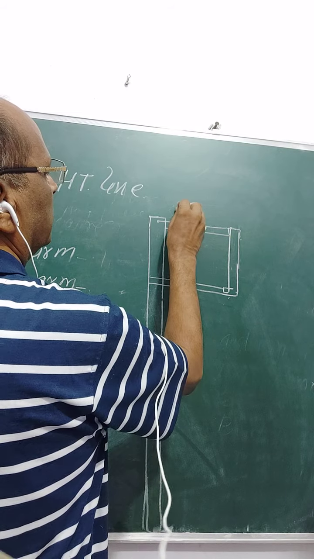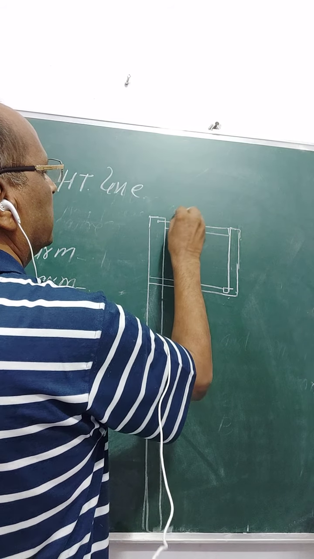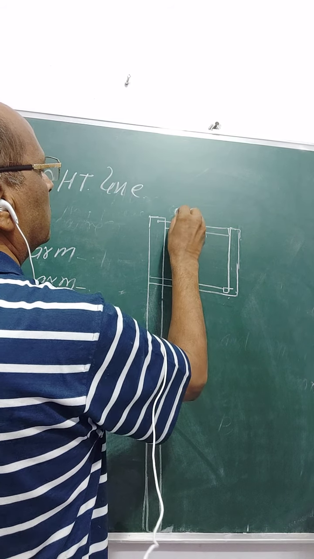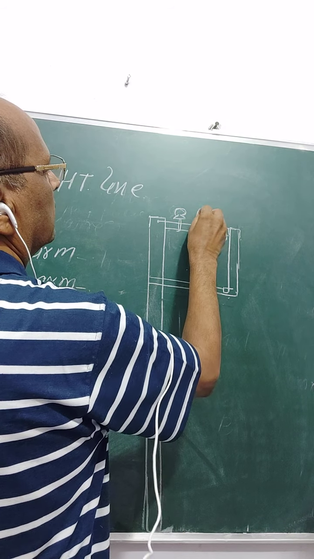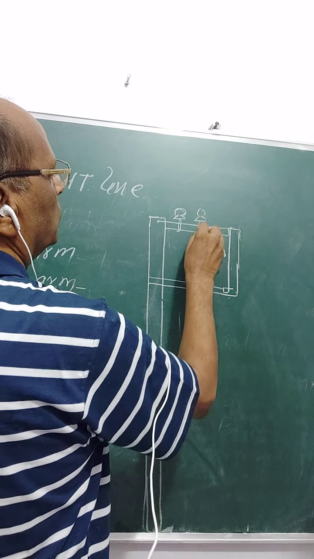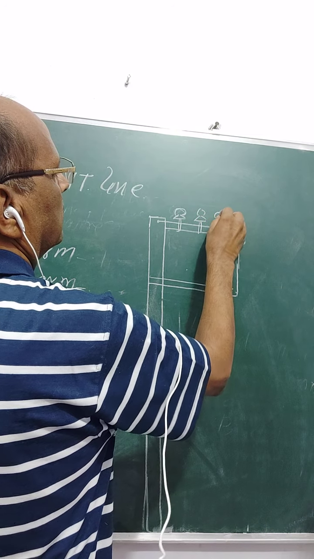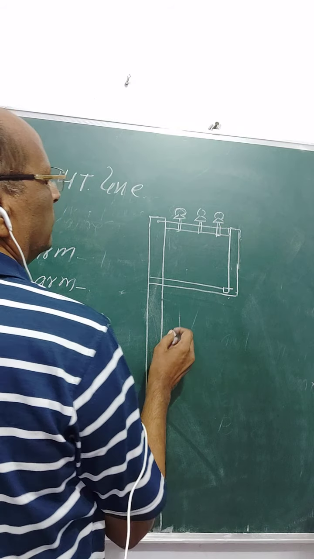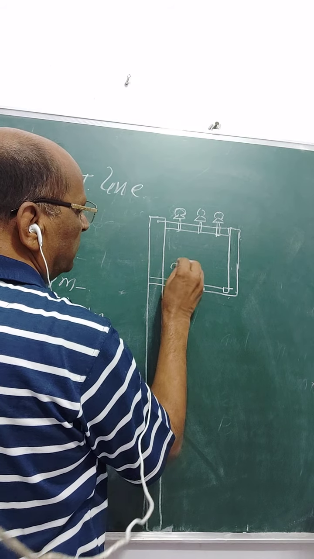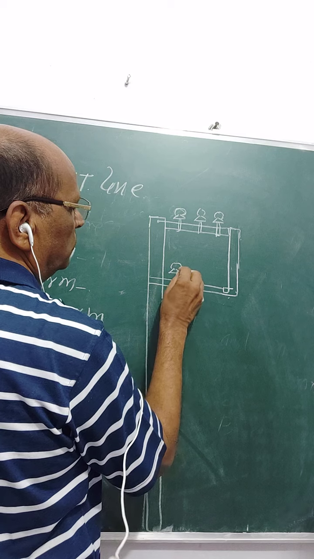Now how it is double circuit? We can have 1, 2, 3. This is circuit number 1, and similarly we take circuit number 2.